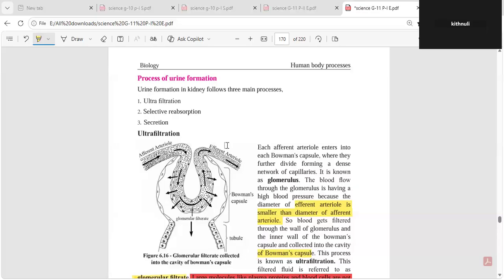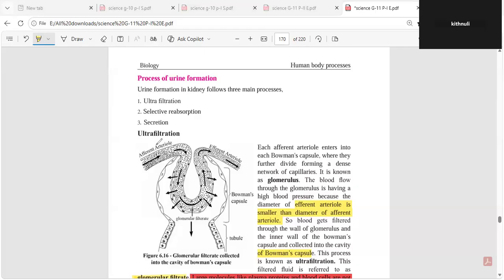Now, when we are discussing the ultrafiltration, this afferent arteriole supplies the blood to form these capillaries inside the Bowman's capsule, right?